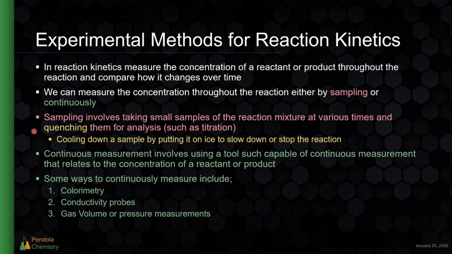Whereas the sampling method requires us to put a bunch of data points together and draw a line of best fit, with the continuous measurement method, because we're measuring those concentrations in real time, we can make an actual graph of the concentration changes instead of plotting a bunch of points and looking at the line of best fit.